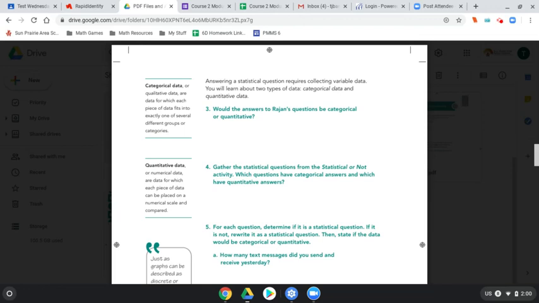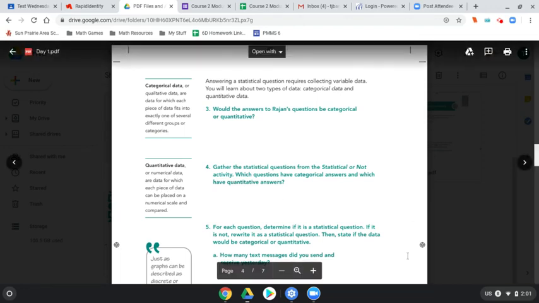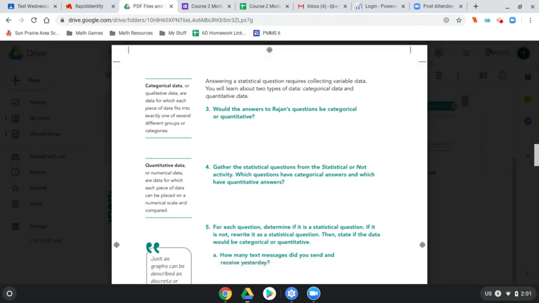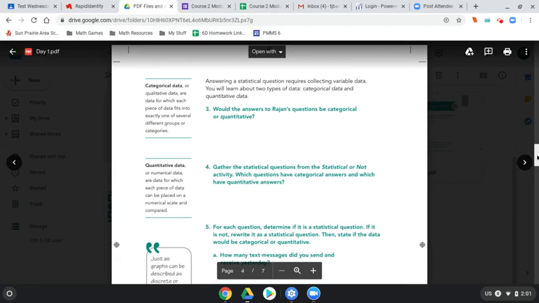You're going to talk about the chess club, and the basketball club, and the dance club, and student unions and all of those different types of clubs we have. Those are categories. They're not numbers. So qualitative or categorical data is if it is a category that you're collecting, we use those labels to describe it. Quantitative data is numerical data. So how many kids are in each club, right?